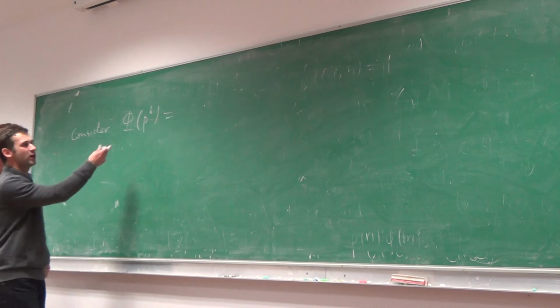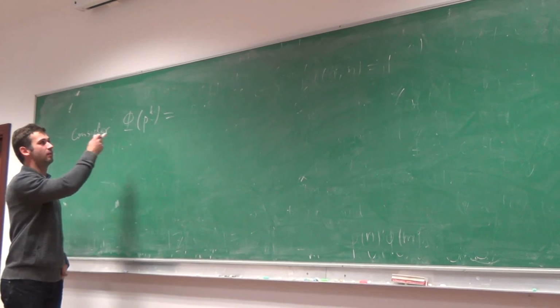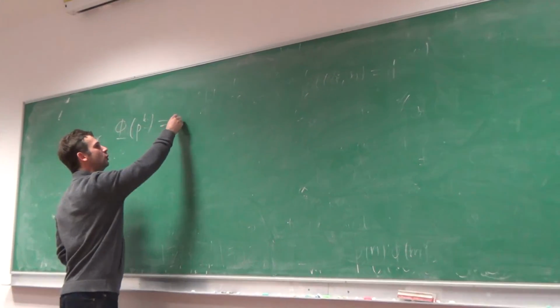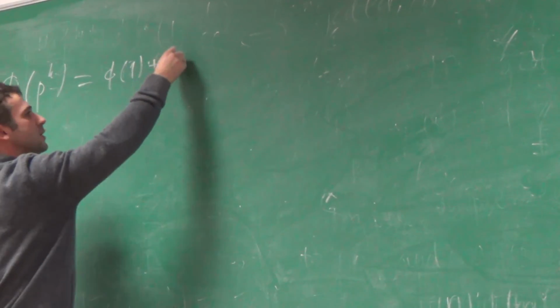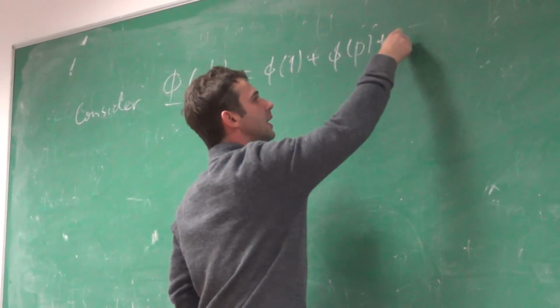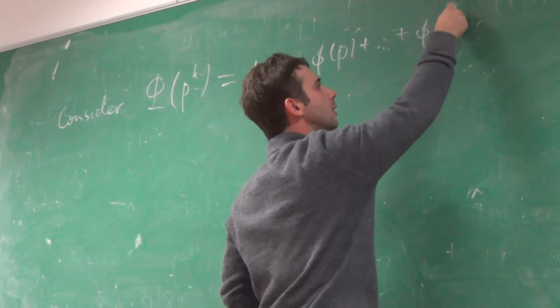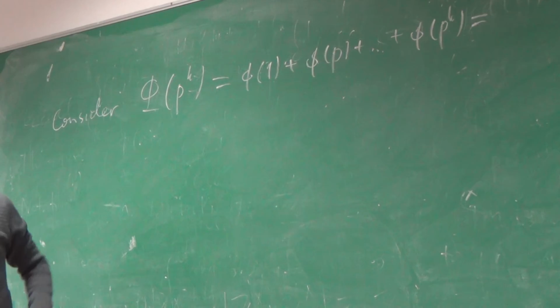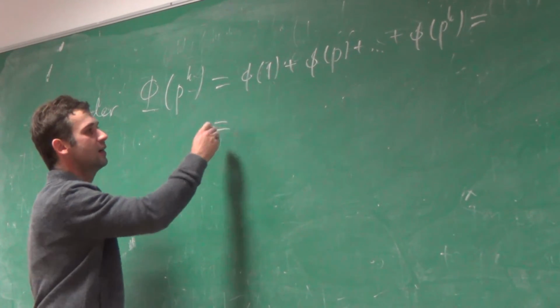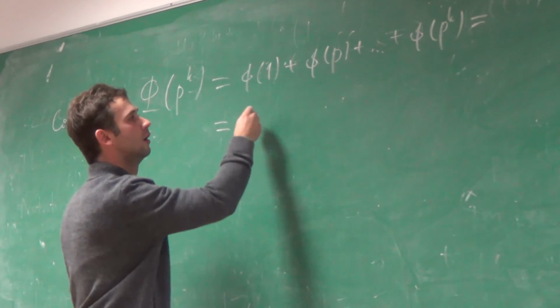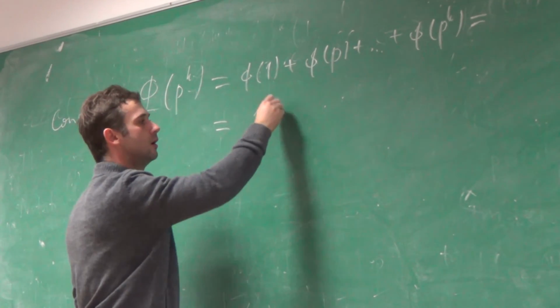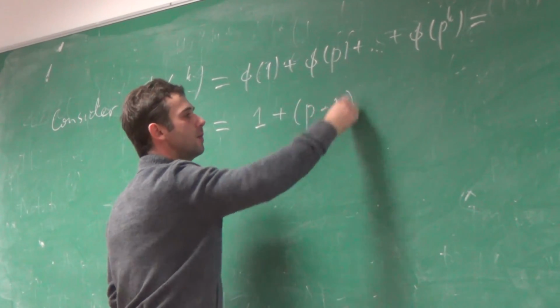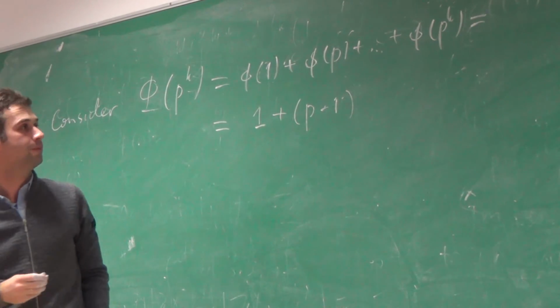So I just need to think what a divisor of prime powers is, and we know this. So I need to do phi of 1 plus phi of p plus all the way up to the last one. This is what we can do. It's not difficult. And here comes the formula for phi. So phi of 1 is 1. Okay, phi of p is p minus 1.